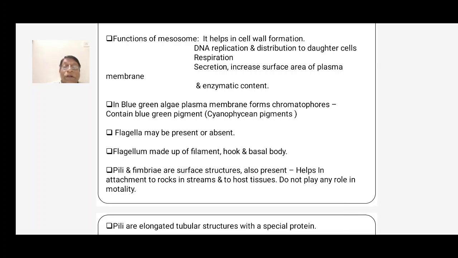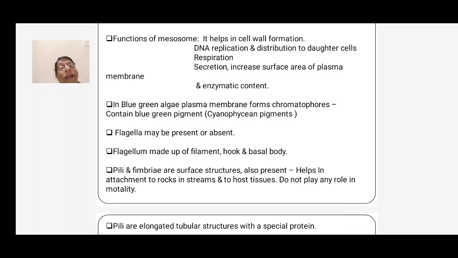But they do not play any role in the motility of the cell. That is pili and fimbriae. Okay.